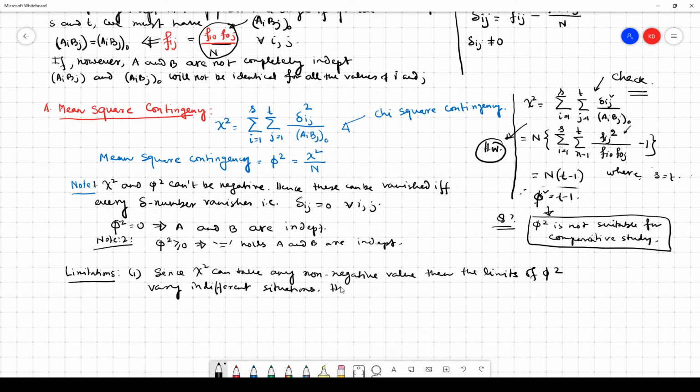Hence, phi square is not suitable for a coefficient of association.